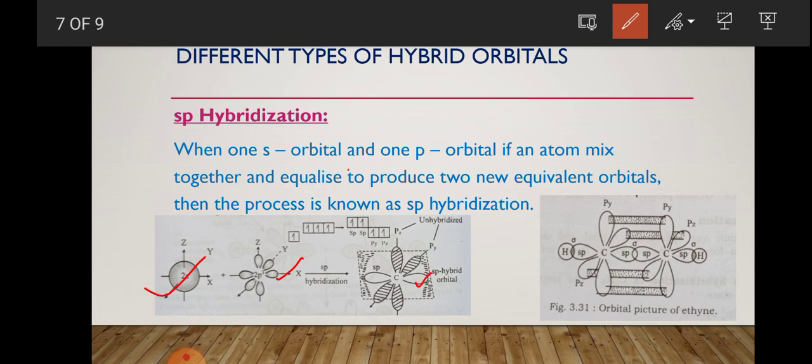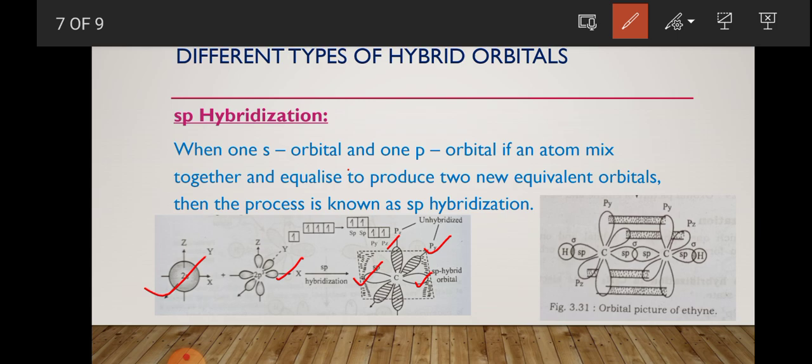Here this one and this one, and here the other 2p orbitals, that is py and pz, are left in unhybridized condition.